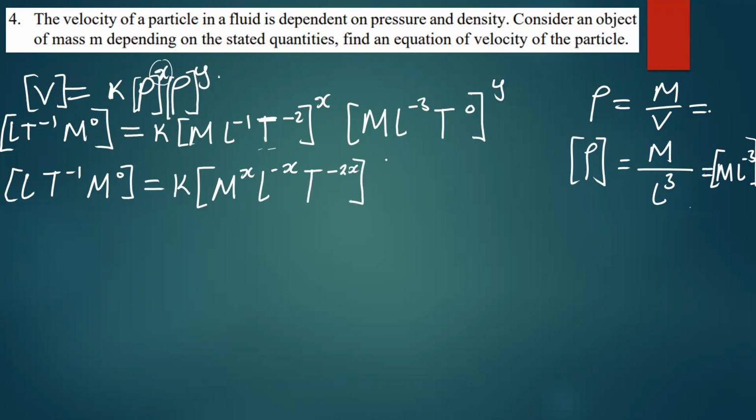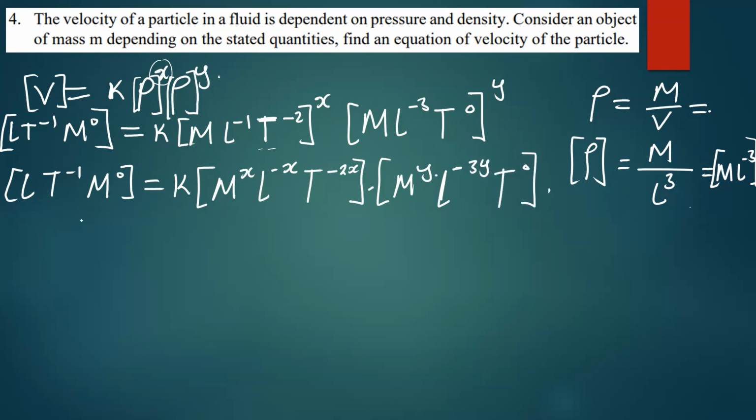And then in the other set of brackets, we have M to the power y, L to the power negative 3y, and T to the power 0.